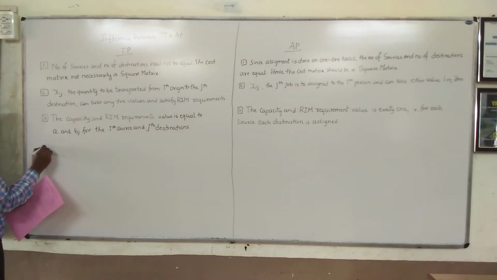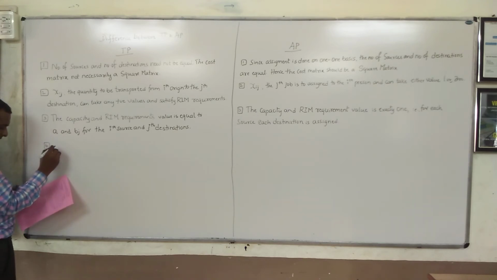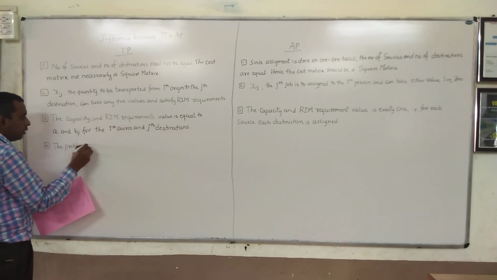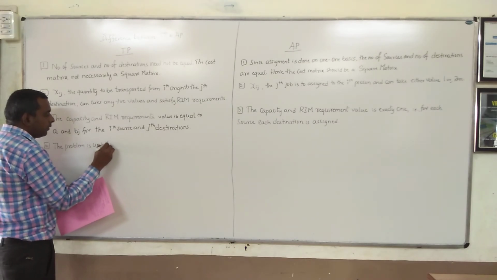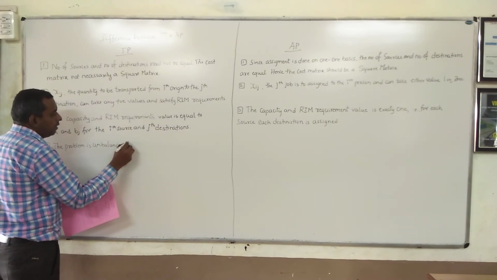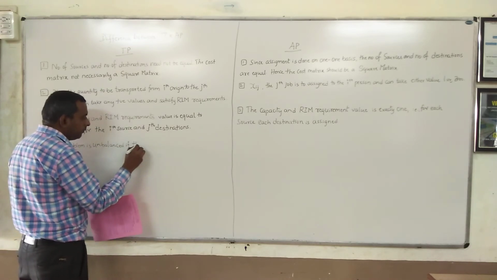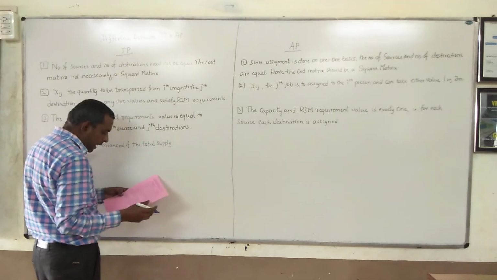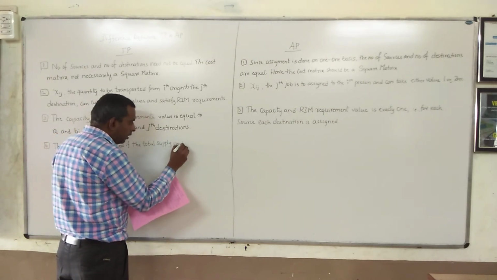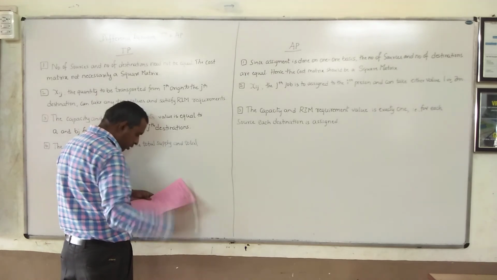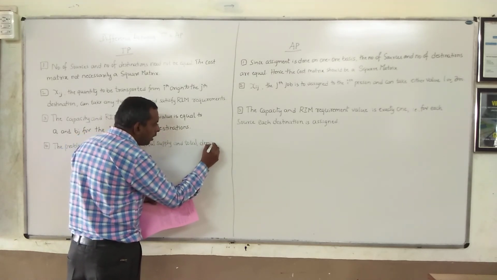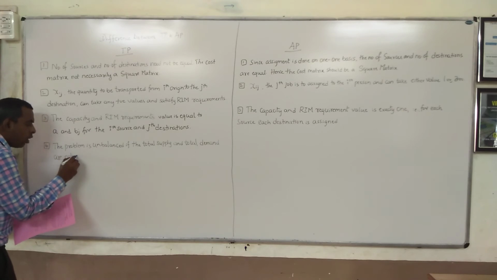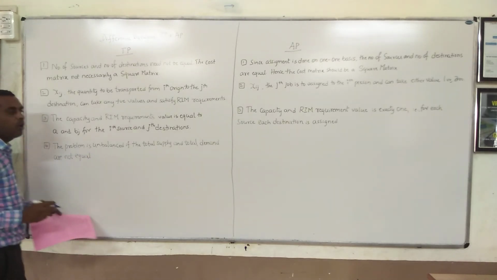And the last fourth one is the problem is unbalanced if the total supply and total demand are not equal.